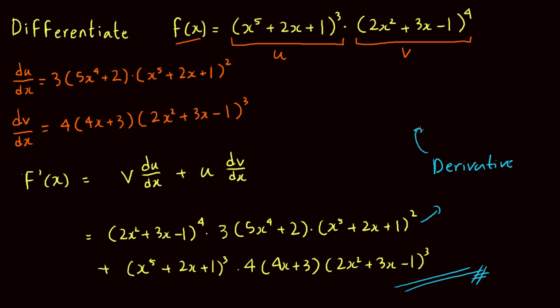The first rule that we used here is clearly the product rule. And then as we were doing the derivative for u and for v, we used the chain rule. So sometimes in some differentiation problems we might end up using more than one rule to get the derivative of the particular function itself.